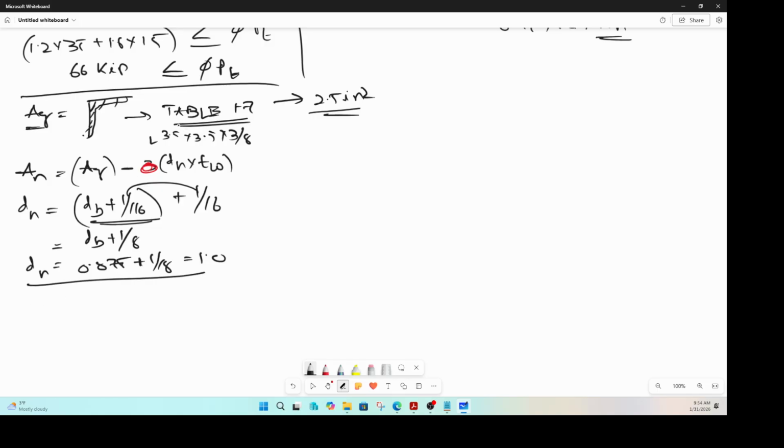Okay, plug that into this equation here. So your A net is equal to A gross minus 1 dH times the thickness, 3/8 of an inch. A gross is 2.5 minus 3/8, which is nothing but 2.125 inch square. So that is your A net.